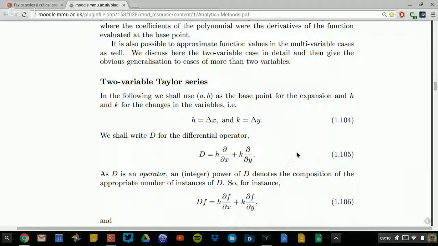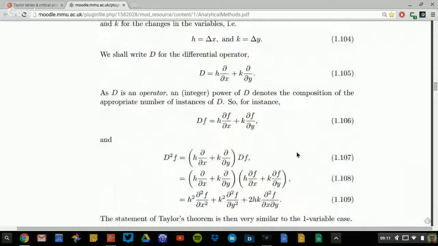So I can take this combination D and apply it to a function. When you apply D to a function f, D of f gives you h ∂f/∂x plus k ∂f/∂y. So D is that linear combination of the partial differentiation operators, ∂/∂x and ∂/∂y. So that would be D applied to f.